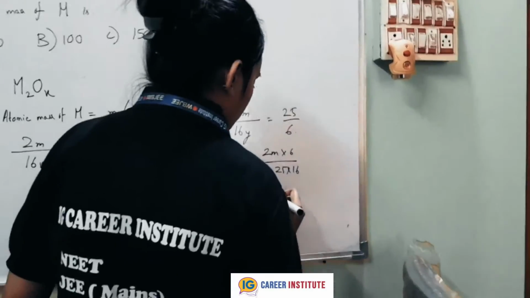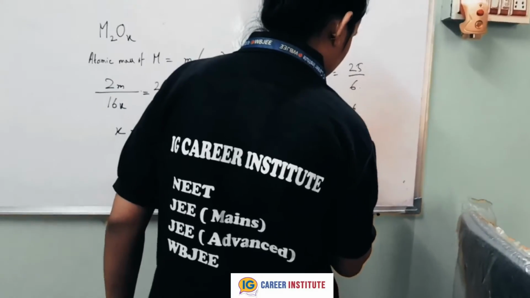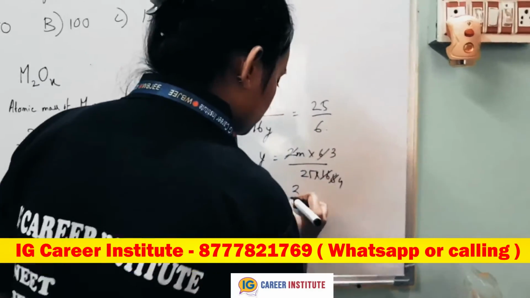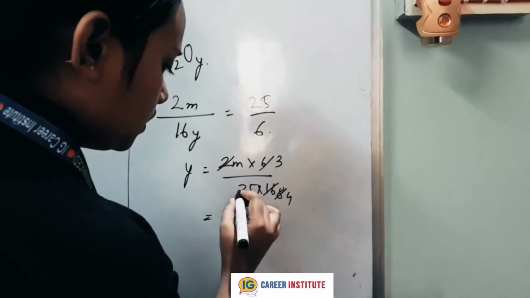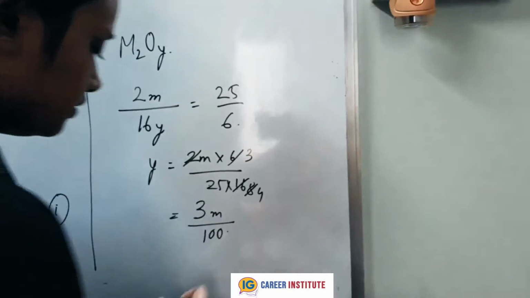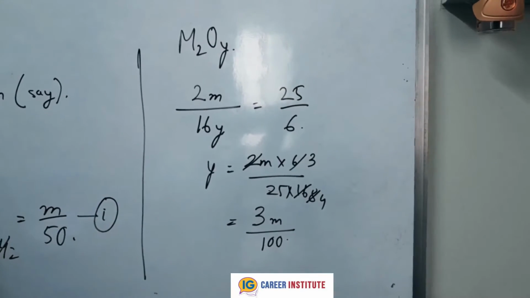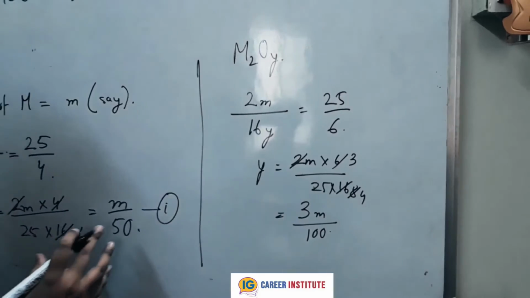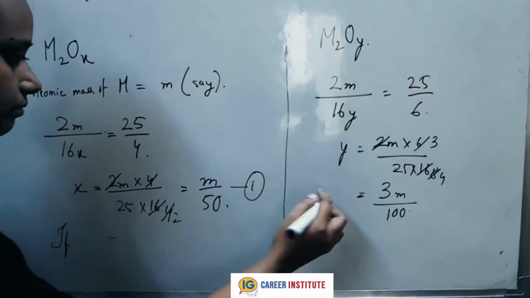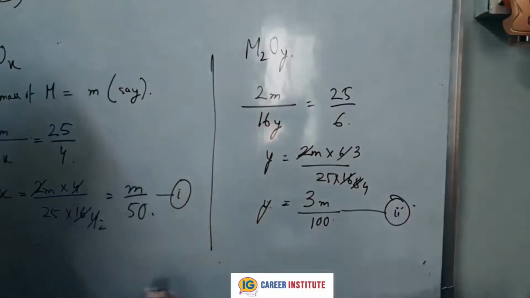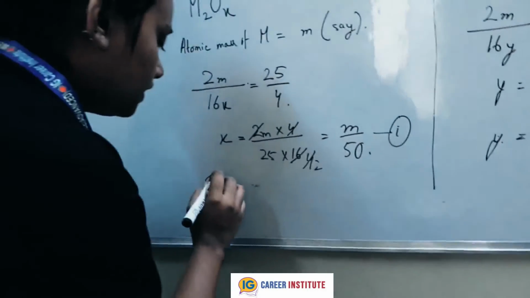This is going to come out as 3m by 100. This will be equation 2. Now we have to find the value of x and y by putting different values and seeing if it comes out.